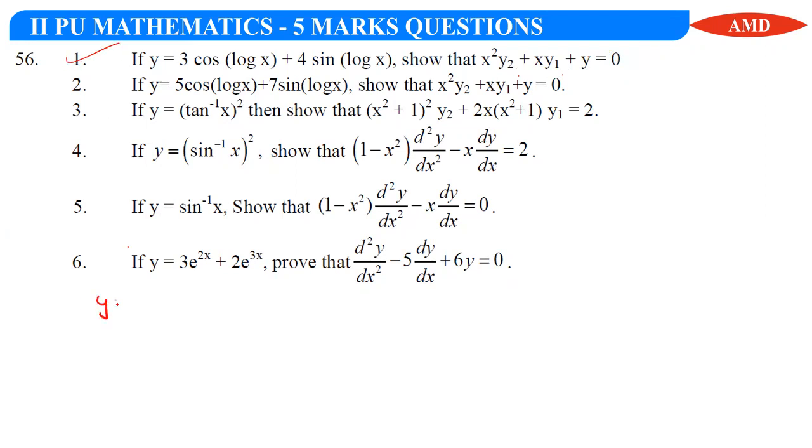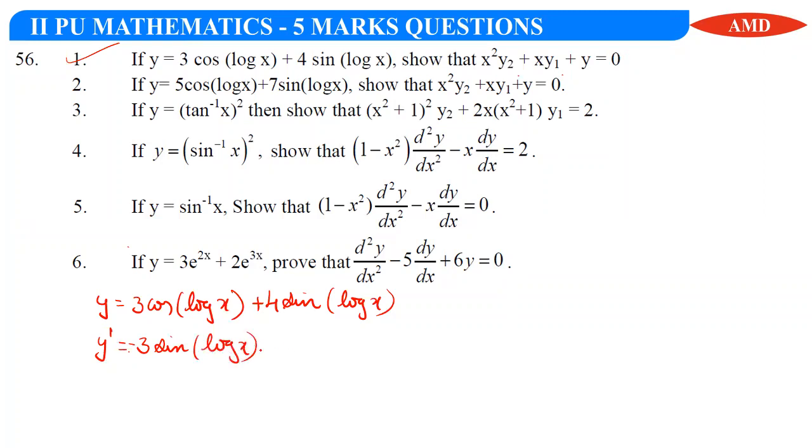What is given to us is y is equal to 3 into cos of log x plus 4 times sine of log x. Let me differentiate it with respect to x. I get 3 into minus sine of log x into 1 by x, plus 4 times cos of log x into 1 by x.